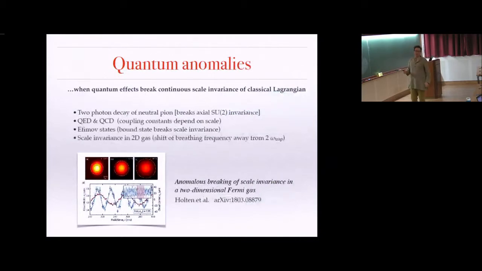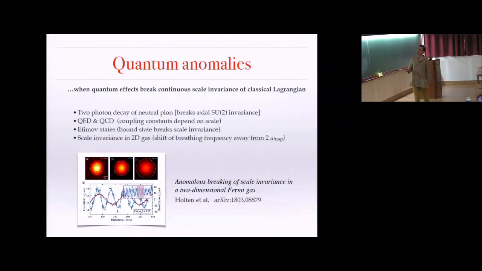But this feature of Efimov physics, that this scaling symmetry is broken, actually turns out to be a very typical situation. So this is an example of what's called a quantum anomaly, and this is where quantum effects break continuous scale invariance of a classical Lagrangian. This is very well known in high energy physics, but is less well known in the low energy communities.